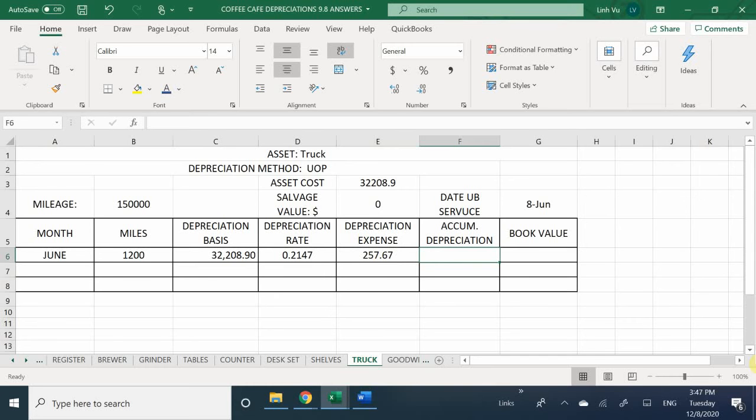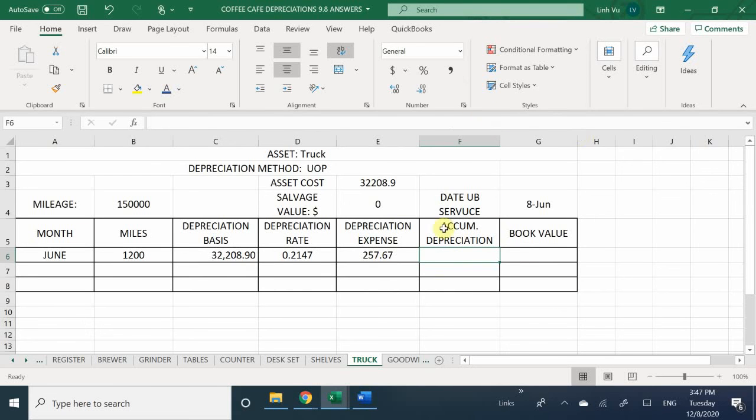No. All we care about is how many units we produced that month. So in this case, $257.67 is our total depreciation expense for the month of June.